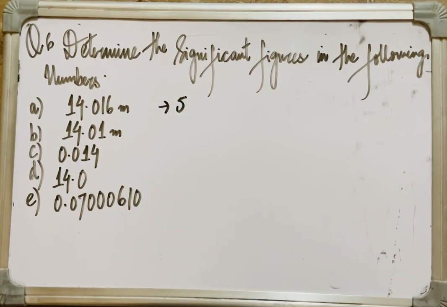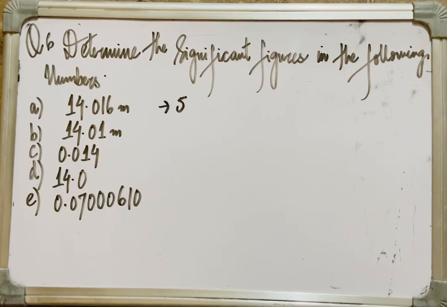Before that, let me recapitulate about the significant figures and the zeros that are involved. Zeros at the beginning are not significant. Zeros between the digits are significant. And zeros at the end are significant.